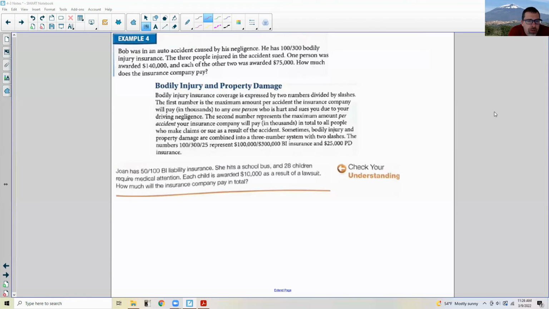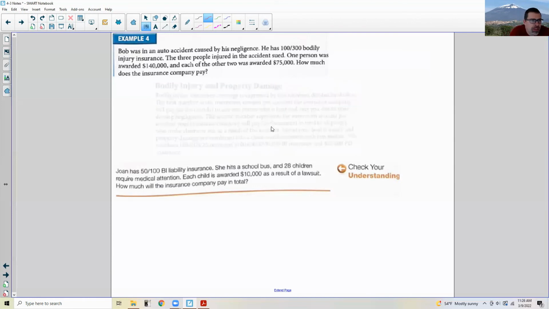The second number represents the maximum amount per accident your insurance company will pay in thousands in total to all people who make claims or sue as a result of the accident. Sometimes bodily injury and property damage are combined into a 3-number system with 2 slashes. The number 100/300/25 represents $100,000/$300,000 bodily injury insurance, and $25,000 property damage insurance. Okay, so that's that, and that's what we're dealing with in example 4.